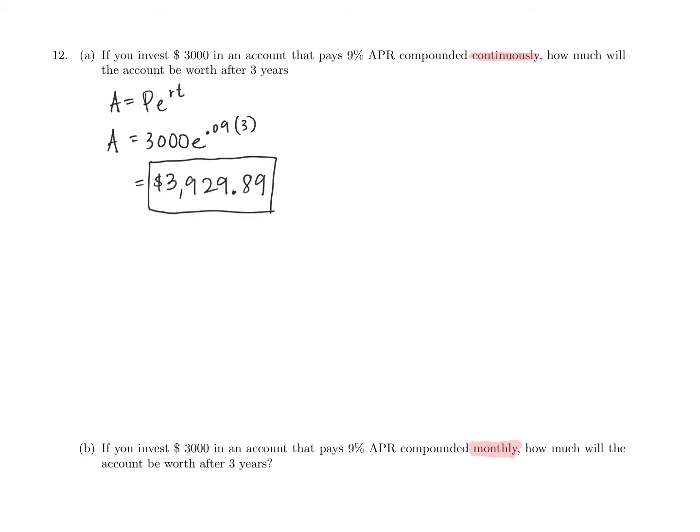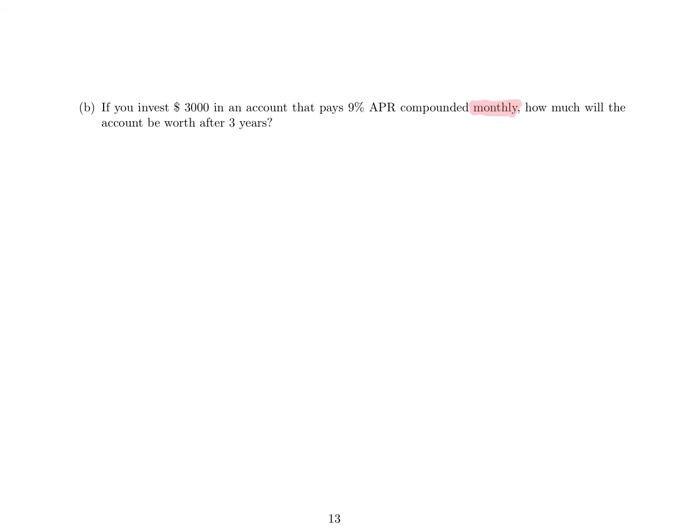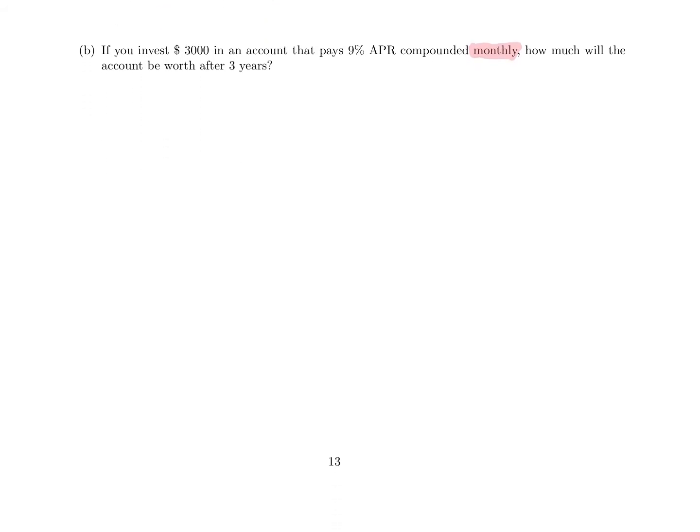Okay, so let's look at part B. Part B, since it's compounded monthly, so anything that's not compounded continuously has the following formula. A equals P times 1 plus R over N to the NT. So if it's compounded continuously, it has the formula we used in part A. Any other kind of compounding is this formula.